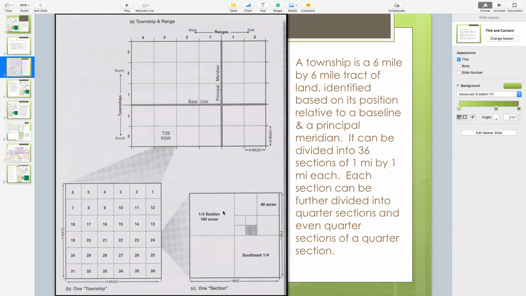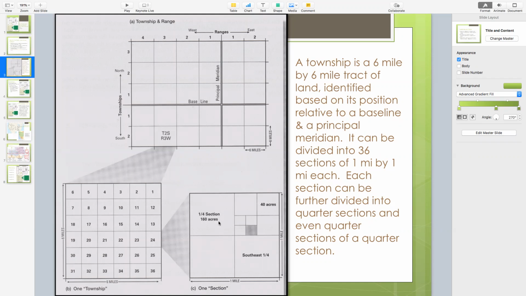We have this enlargement of section 24 showing 4 quarters. Each of these 4 quarter sections is 160 acres.